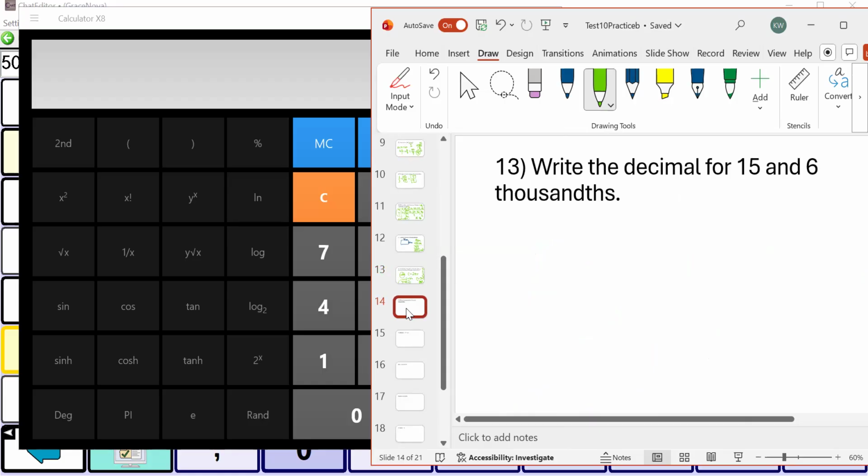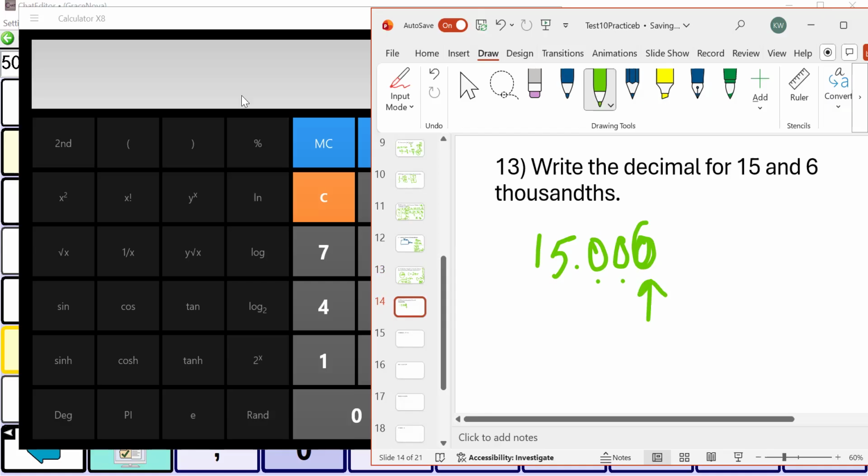Okay, so let's write the decimal for 15 and 6/2000s. Well, 15 dot, this is tenths place, hundredths place, thousandths place. Oops, I should put the 6 right there. 6 in the thousandths place.